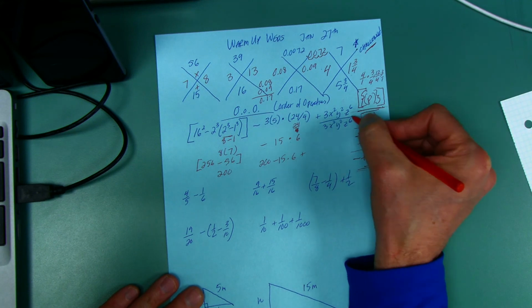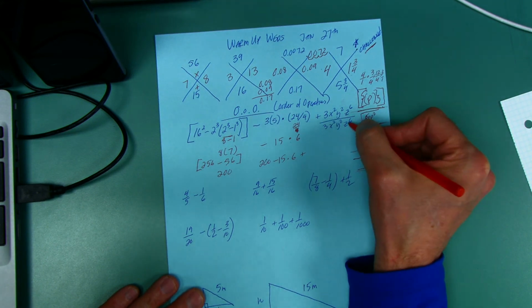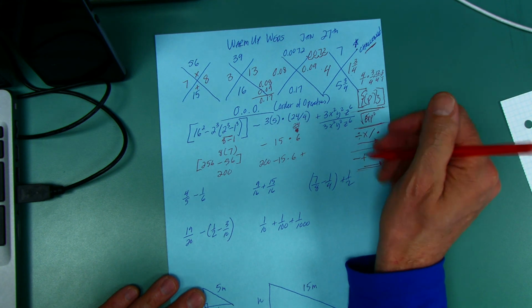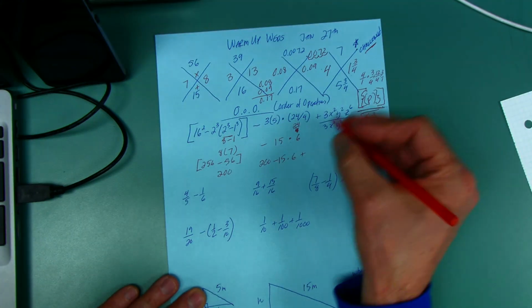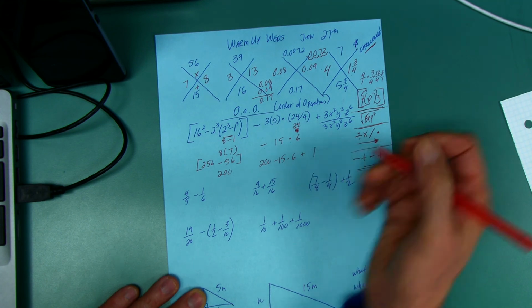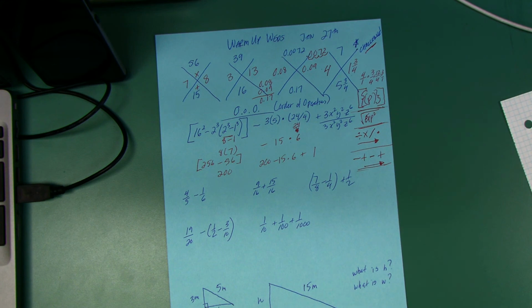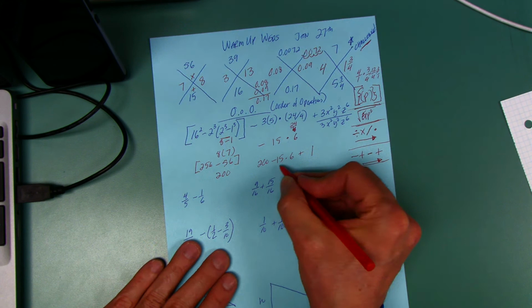This is the same thing over the same thing. And whenever you have the same thing on top as the bottom, that fraction simplifies to 1. Haha, scared you. You got scared for no reason. Psych.